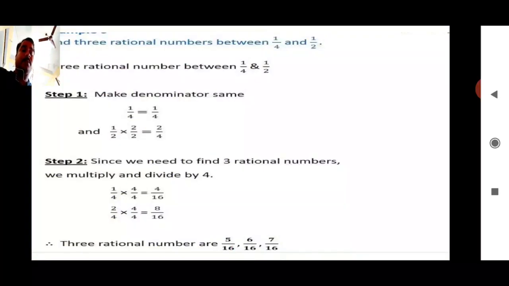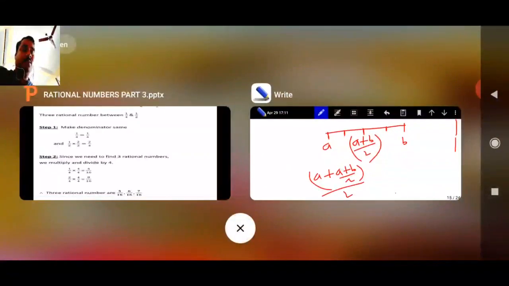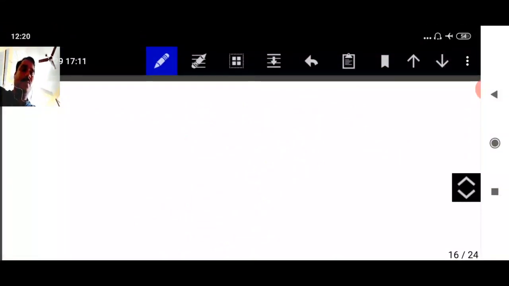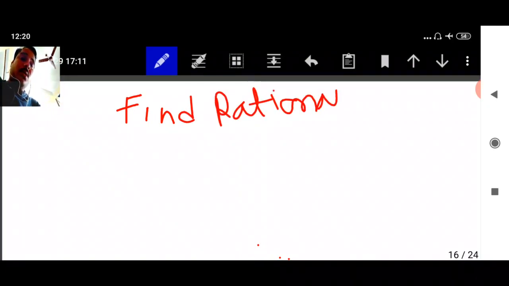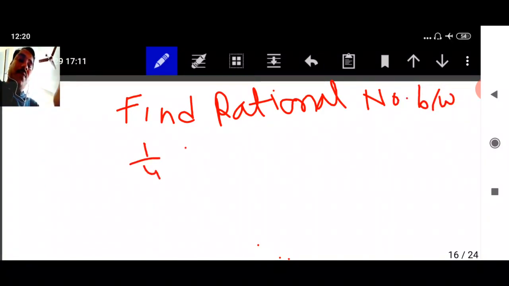Let's see one example. Let's solve the same question by the same denominator method. Find rational numbers between 1 by 4 and 1 by 2.